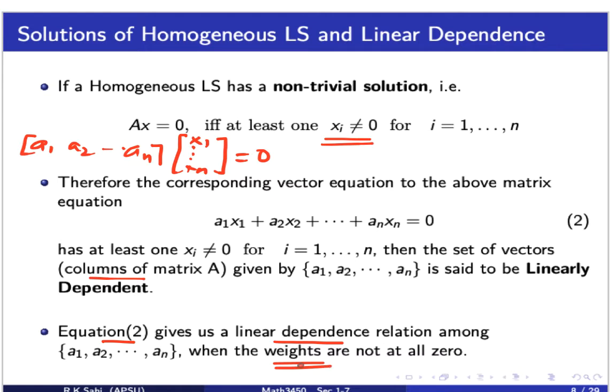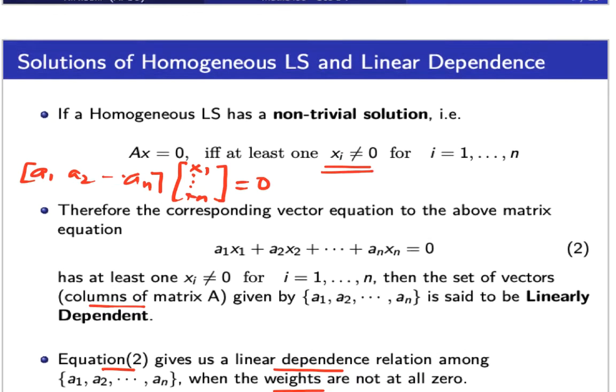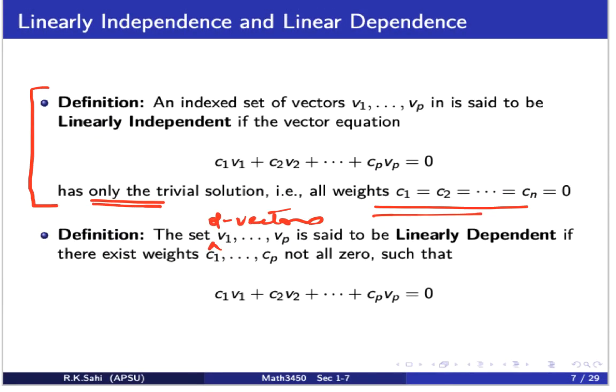Okay. So we have learned about the definition of linear independence and dependence in a proper form, which is given in slide 7. And also we have looked at linear independence and linear dependence in terms of the solutions of a homogeneous linear system.